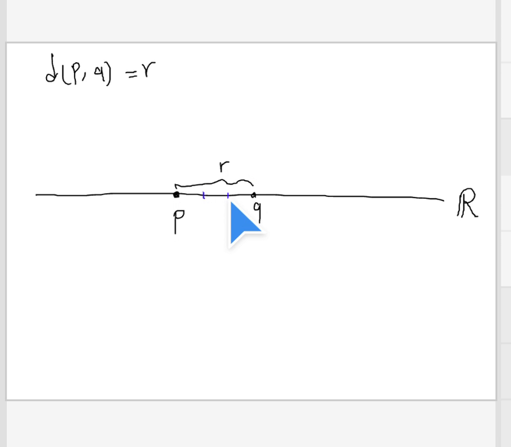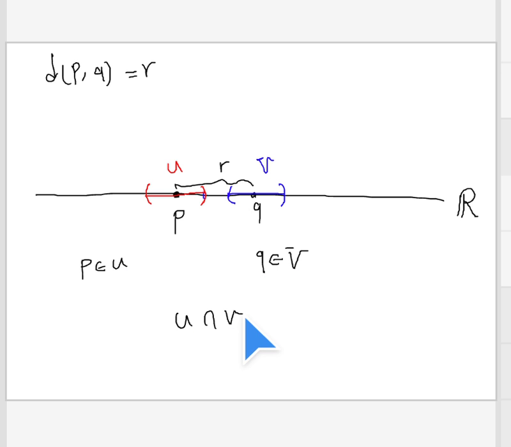Then this is an open interval U, and this is an open interval V. You see that P belongs to U, Q belongs to V. U intersection V is empty. Understand?